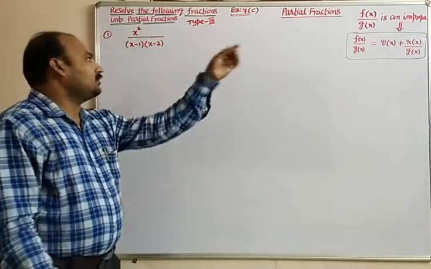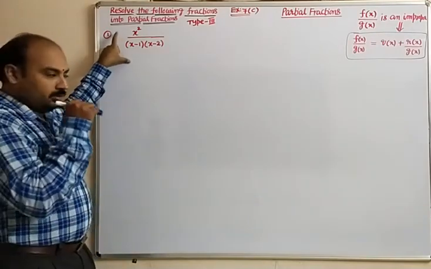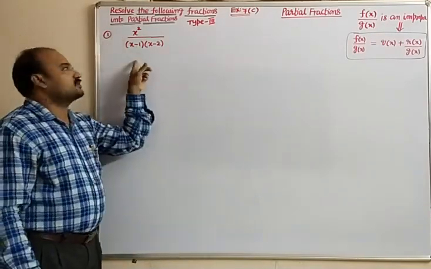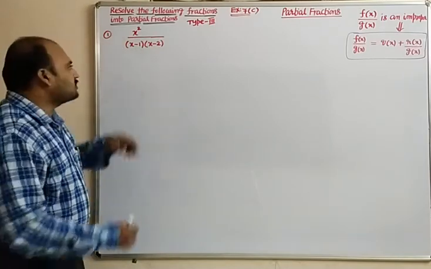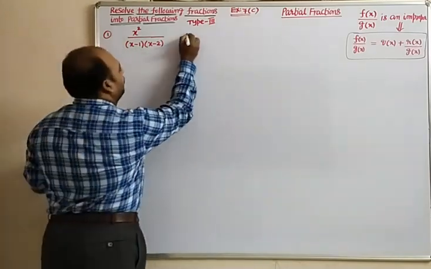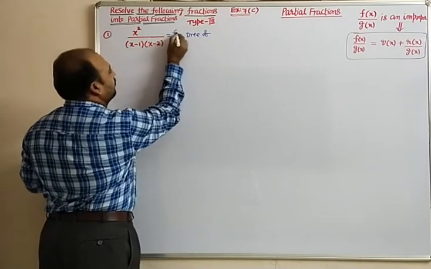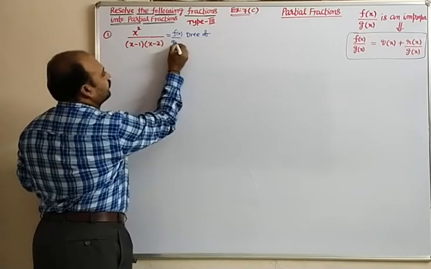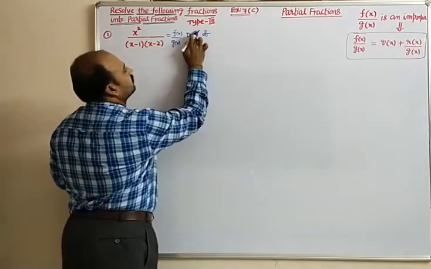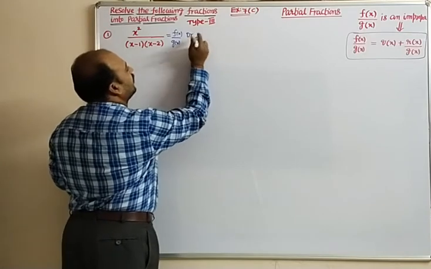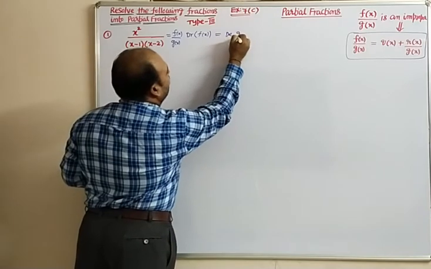Next, an example for type 3. Resolve into partial fractions x squared by x minus 1 into x minus 2. Observe that here the degree of f of x is equal to the degree of g of x.